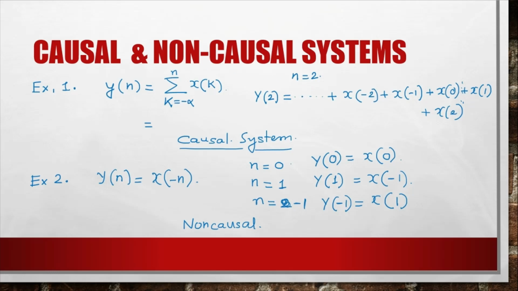That means from minus infinity your system comes up to this point. So here also the value of the output depends on the present sequence as well as the past sequences. That's why this system will be causal. Whereas here, if we take 3 conditions, for the last condition the causality is not maintained. That is why this system is non-causal. Hope you all understand the causal and non-causal system.